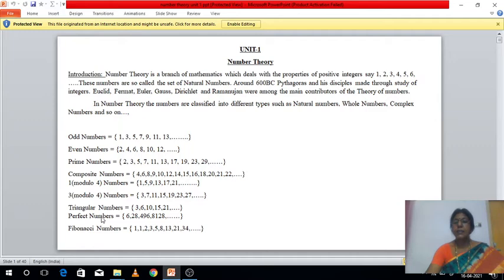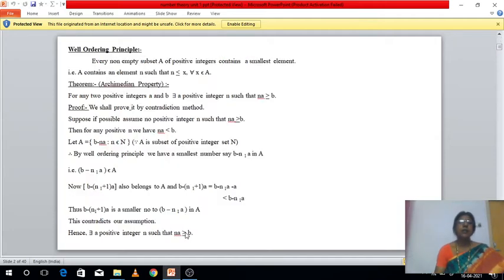We are going to learn these perfect numbers in the next unit. This set of perfect numbers is 6, 28, 496, 8128 and so on. Then you see Fibonacci numbers 1, 1, 2, 3, 5, 8, 13, 21 and 34.